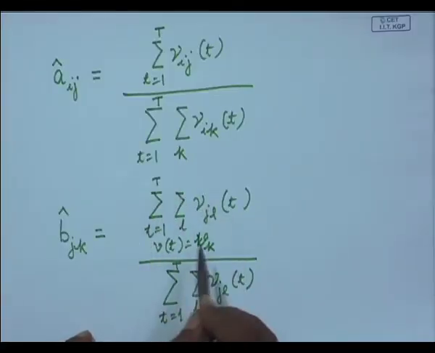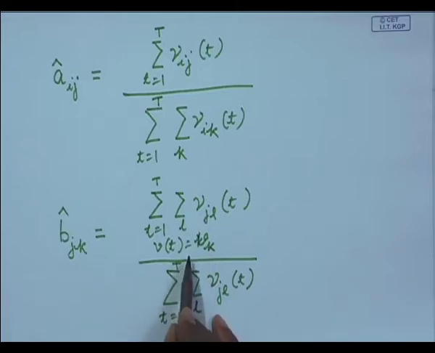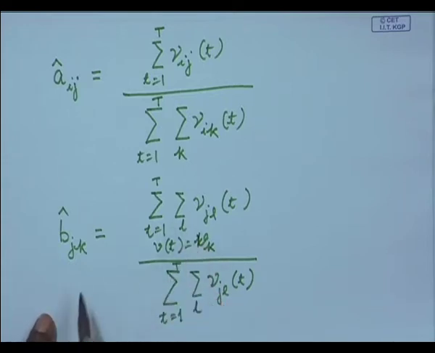So, the numerator is only considering those transitions wherever the emitted symbol is symbol V k, and the denominator is irrespective of whether the emitted symbol is V k or not. So, this ratio gives me a refined estimate of B j k.